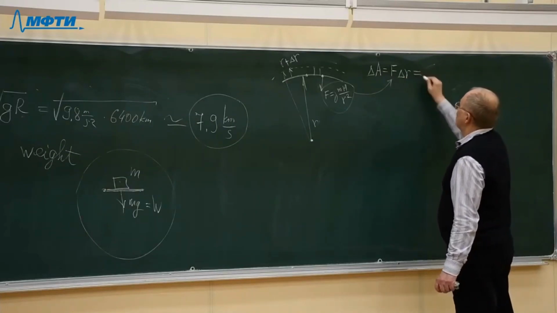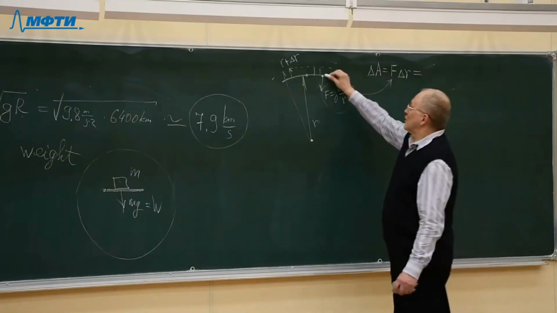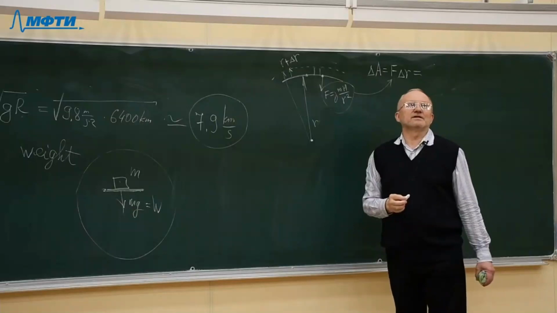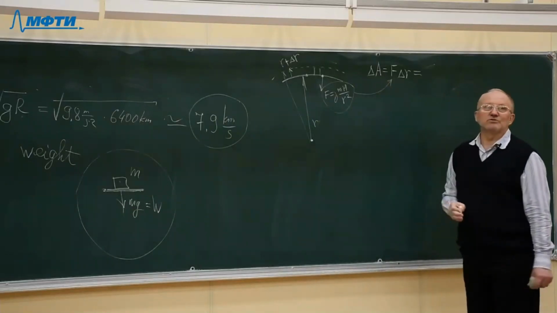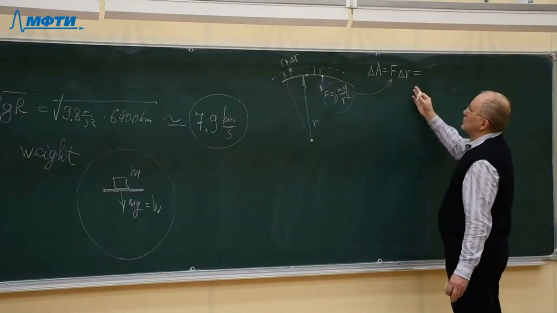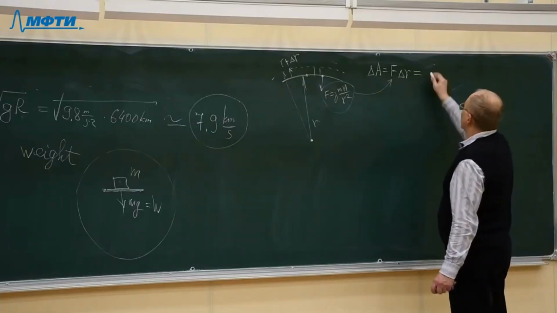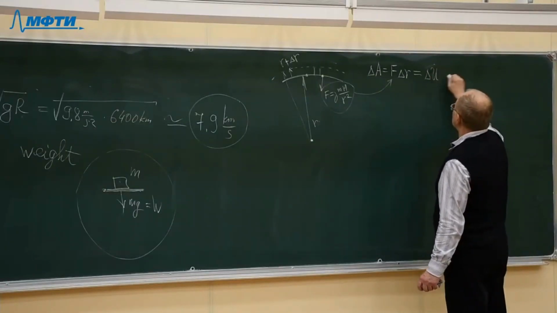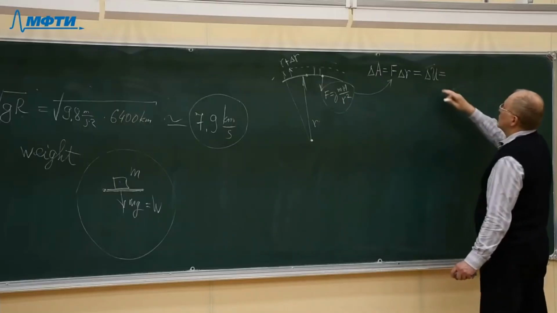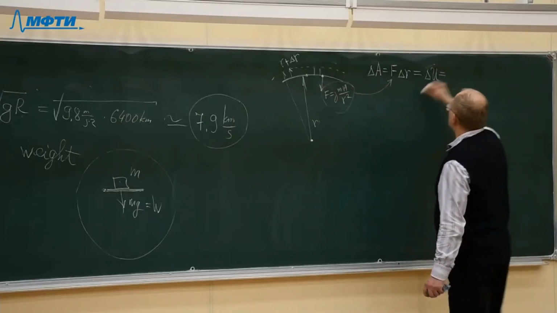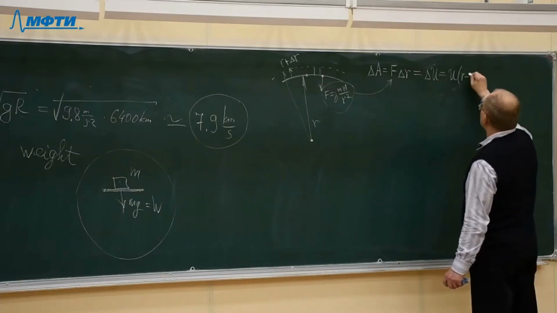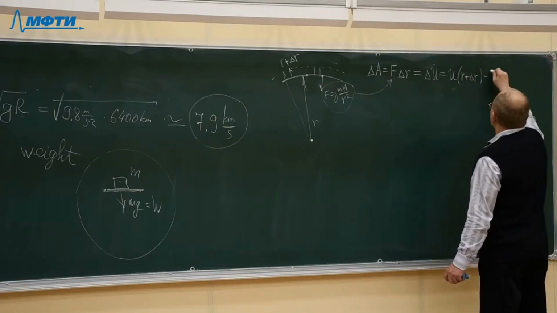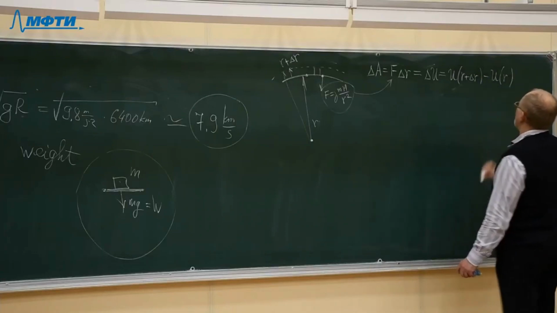If we move the body slowly, not changing its kinetic energy, then all this work will go to the change of potential energy. What is the change of potential energy of the body? This is the potential energy at the higher orbit minus the potential energy at the lower orbit.